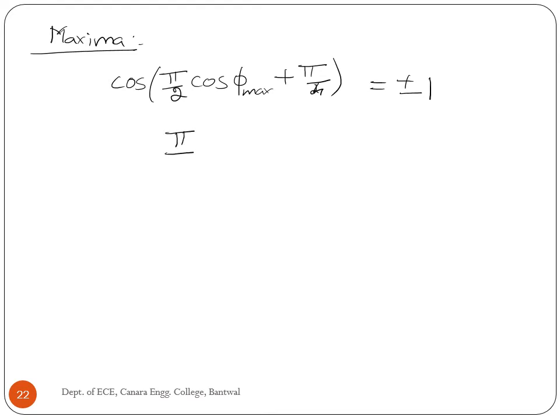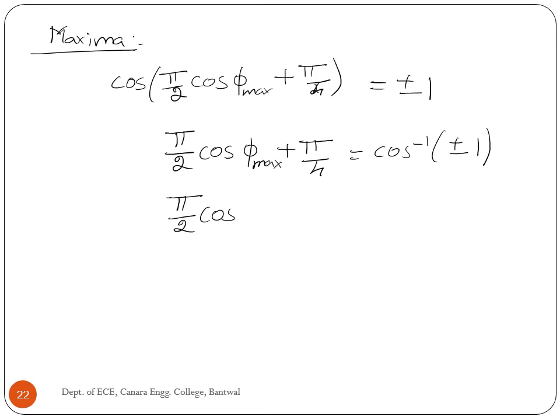So pi by 2 cos phi plus pi by 4 is equal to cos inverse of plus or minus 1, which is plus or minus k pi.